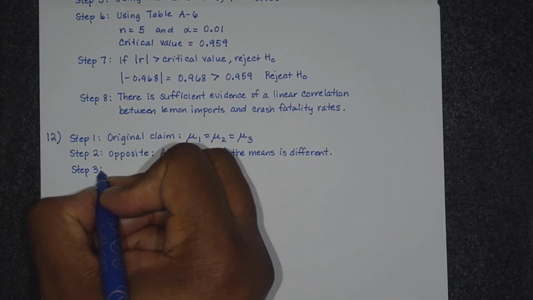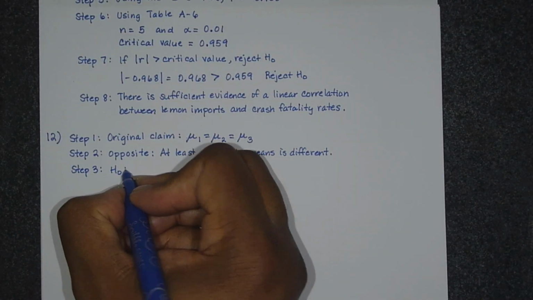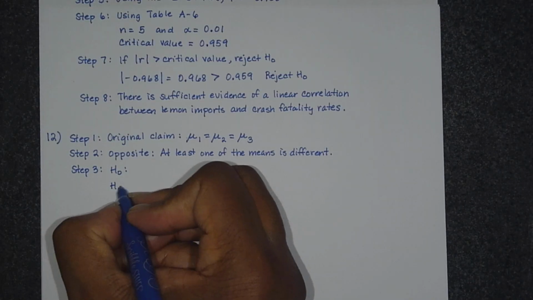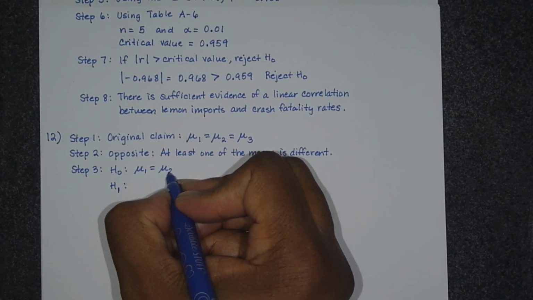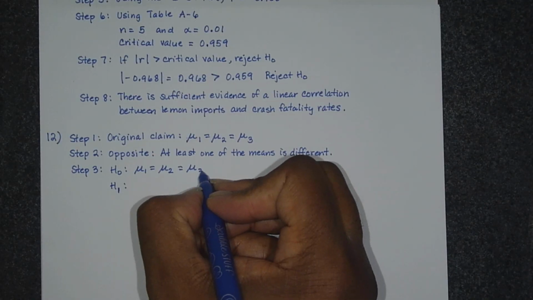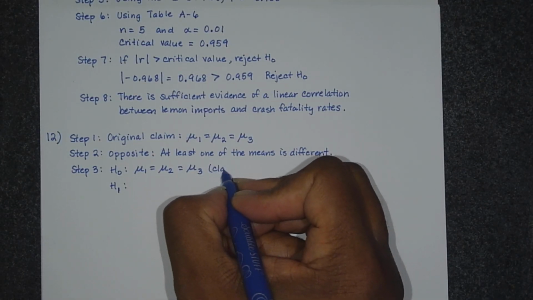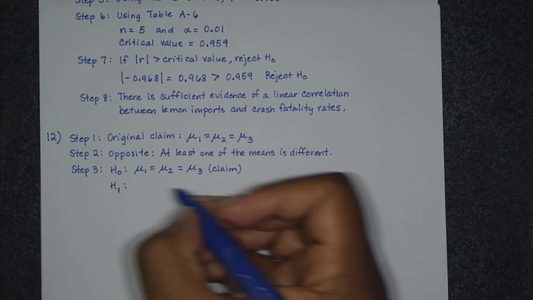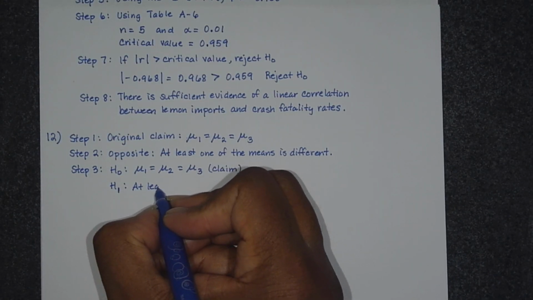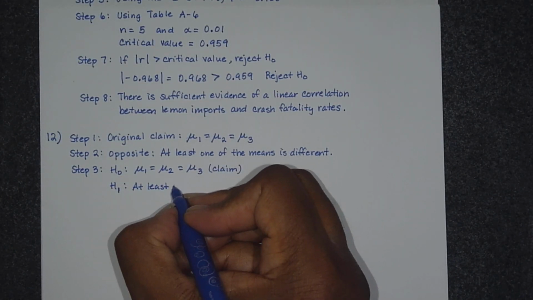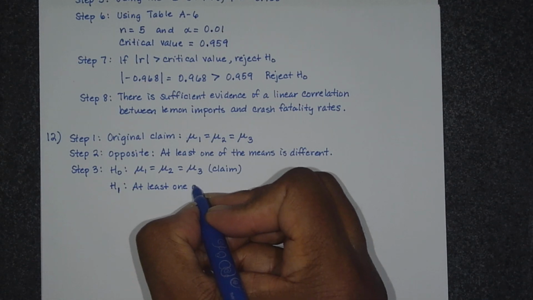And then, of course, step number 3 will be your null and alternative hypothesis. Well, of course, your mu sub 1 equals mu sub 2 is equal to mu sub 3. That will be the null hypothesis because it has nothing but equal signs in it. That would mean your opposite, at least one of the means is different, is your alternative.